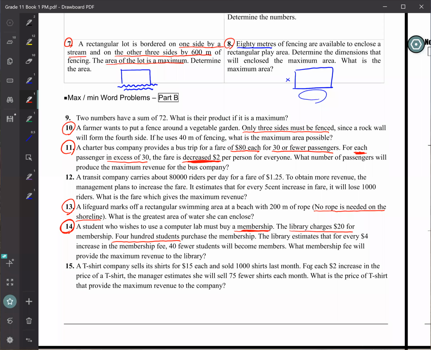Now they estimate that for a $4 increase, so this time is the increased one, increasing the cost just like in the notes, then every time you increase $4, 40 students less will become members. So you lose 40 people every time.